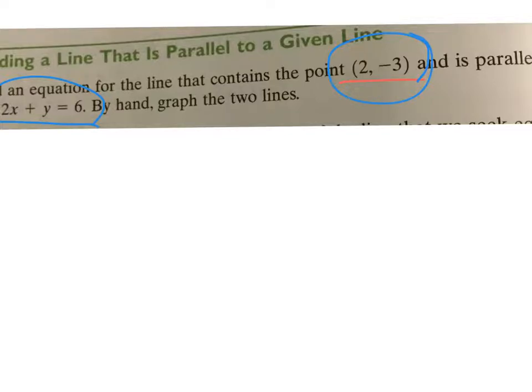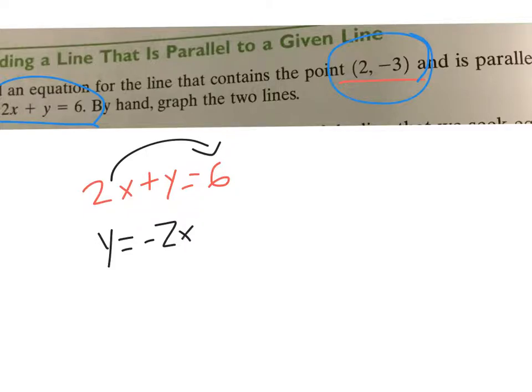We know that it must have the same slope. So what's the slope of this line, 2x plus y equals 6? How could I find the slope? Get y by itself. I move the 2x over. It becomes negative. So what is the slope of this line then? The slope is negative 2 over 1.